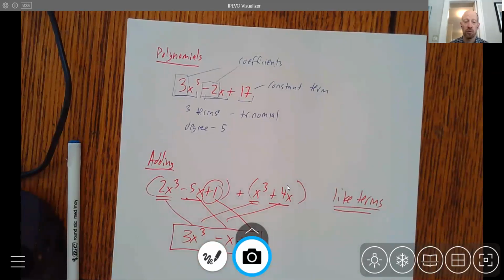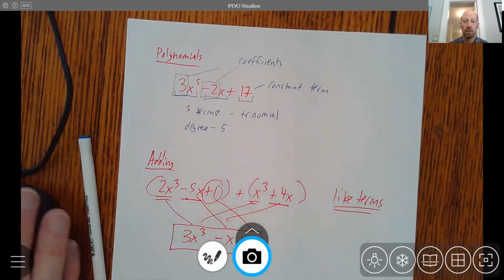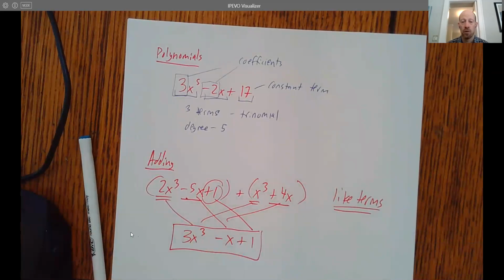So the x cubed and the two x cubed combined to give me 3x cubed, the minus 5x and the plus 4x are minus x, and the plus 1 is just a plus 1. Just make sure you don't lose a term. That's probably almost the most common error here, is that people forget and lose one of the terms that they are working with.